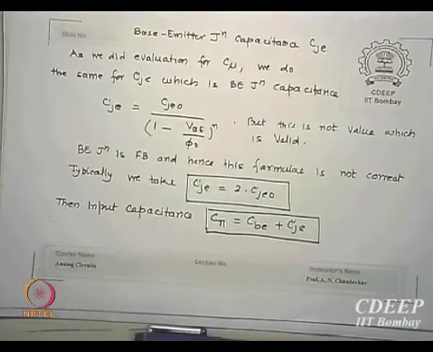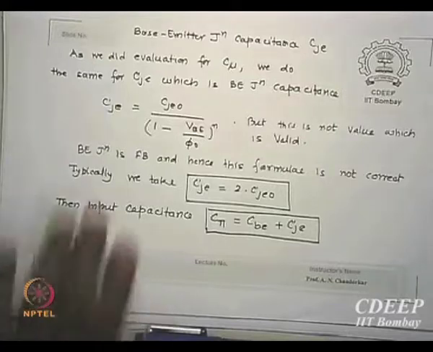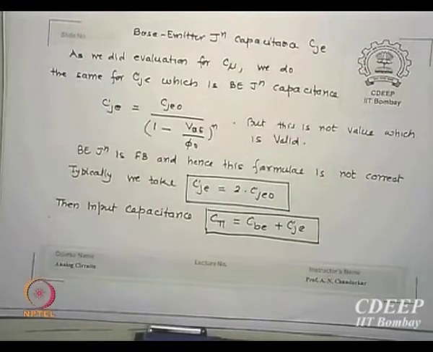So we have figured out over experiments, hundreds of them, you can assume this CJE is typically twice that of CJE0, which is whatever zero bias capacitance you have of that junction. Twice you use it and that's good enough. This is what is called empirical: by a lot of measurement and intuition we figure out that generally twice the CJ0 is sufficient for accuracy.